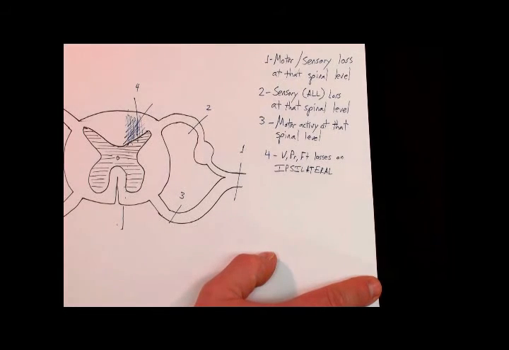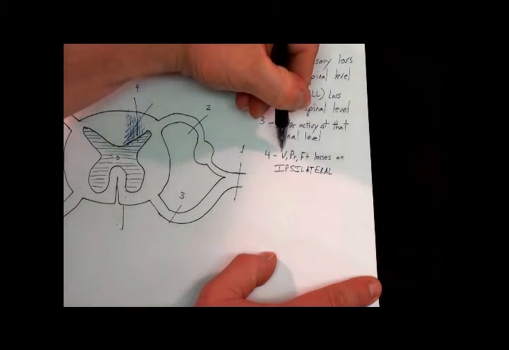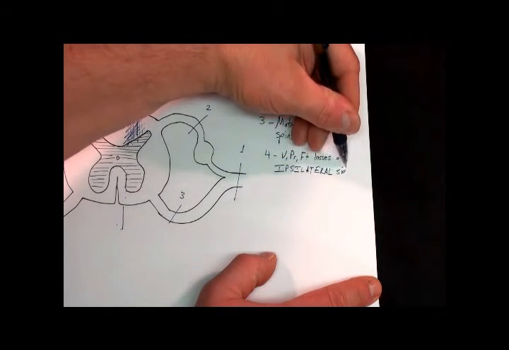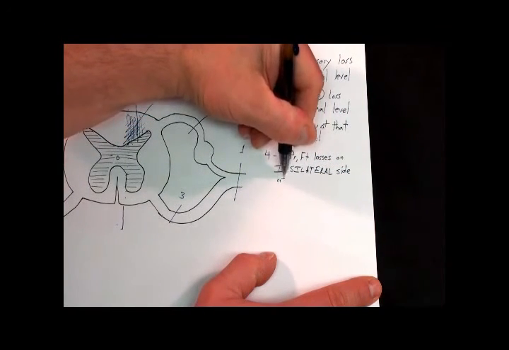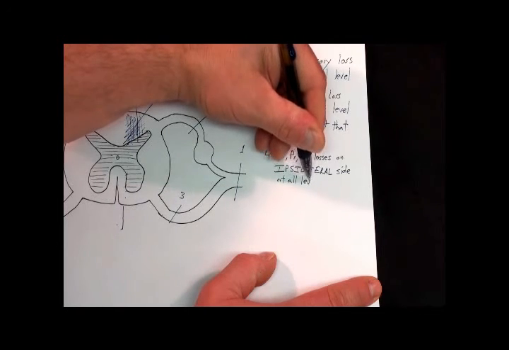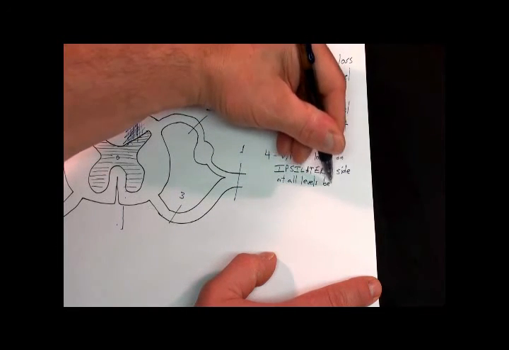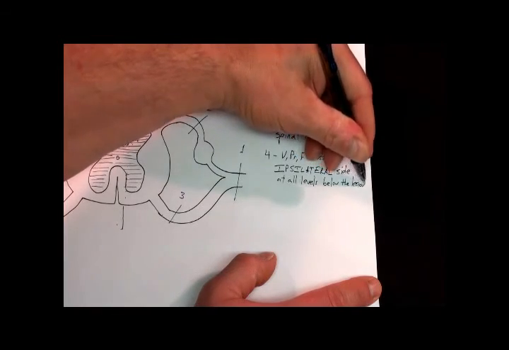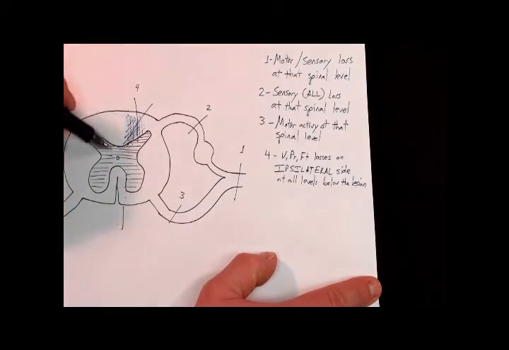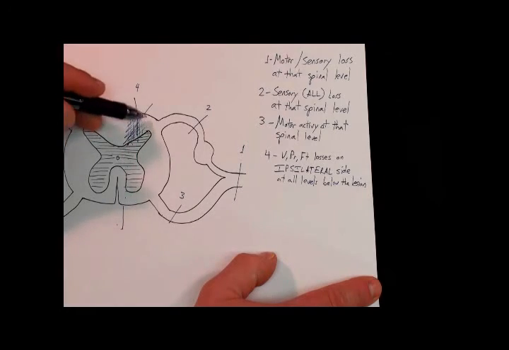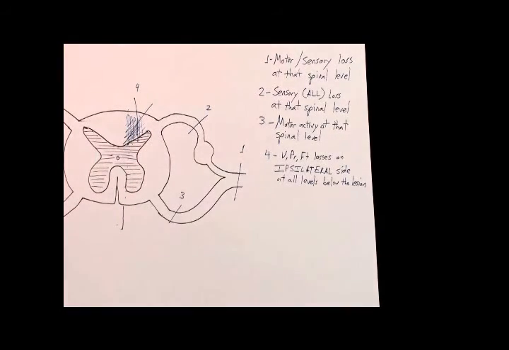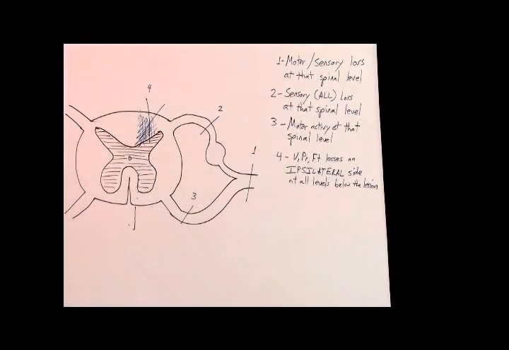So you'll have an area where you've got vibration, proprioception, and fine touch losses on the ipsilateral side at all levels below the lesion. Now we're assuming that this has wiped out all of the dorsal column medial lemniscal system on this particular side, but nothing else. That's a little bit of a simplification from reality, but it makes sense when you're trying to learn it.